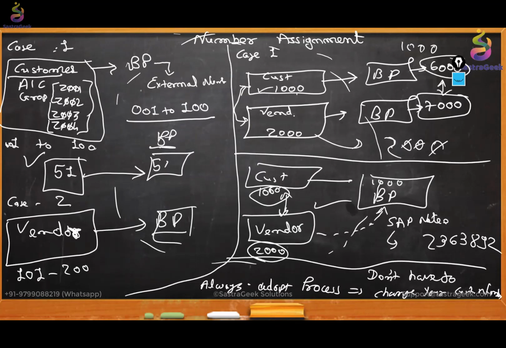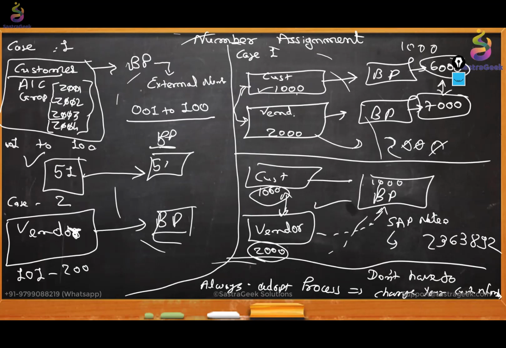And if SAP finds these criteria match and this SAP note is activated, which you can get done with the help of your ABAP and basis colleagues, then the system will not create another business partner while doing the CVI or migration approach.